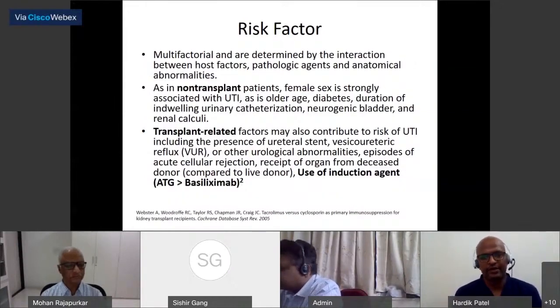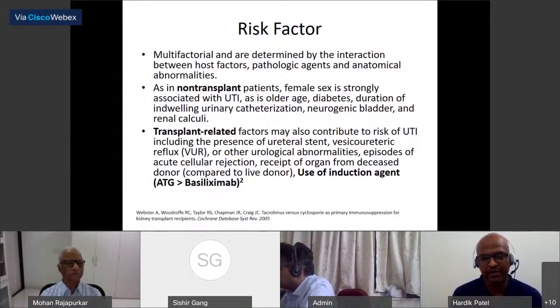So coming to the risk factors, they can be divided into non-transplant risk factors and typical transplant-related risk factors. In non-transplant, as we all know, female sex, diabetes, older age, previous bladder disease, a previous history of catheterization and a previous history of UTI are the regular risk factors for all patients.